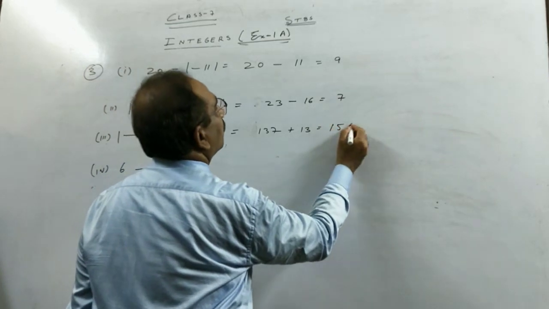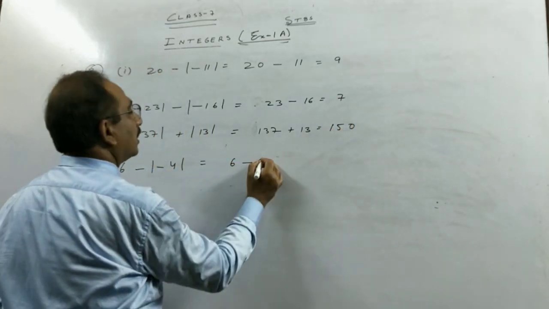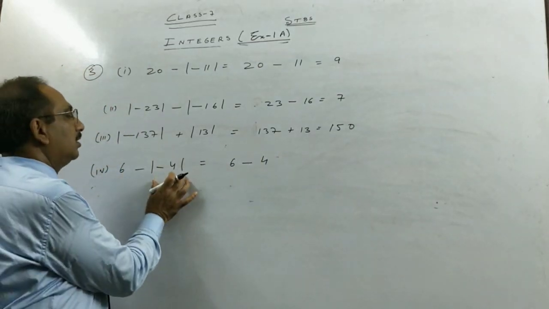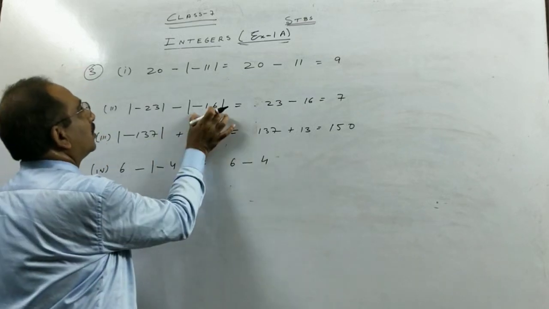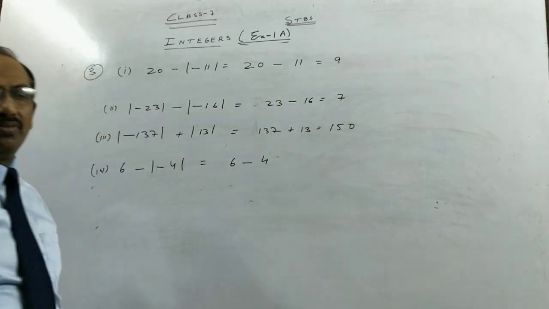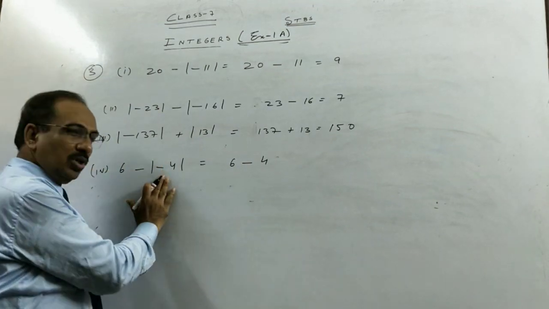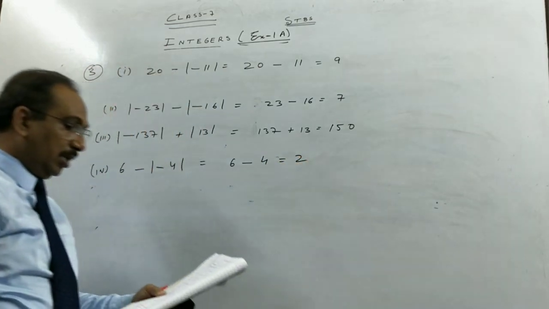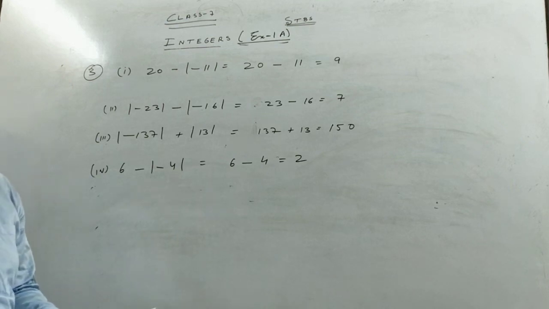So this becomes 150, and this minus remains, and this becomes plus 4. So inside the modulus, minus becomes plus. This is what you see. There is no other difference from other addition or subtraction. Only inside the modulus, minus becomes plus. So hence we have this concept of modulus.